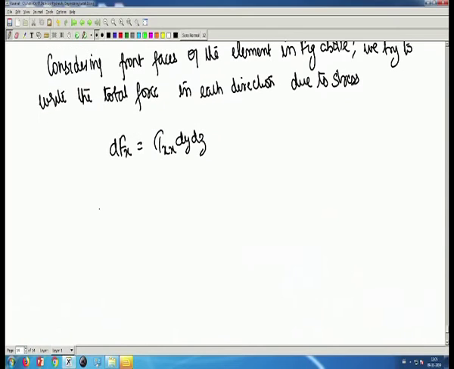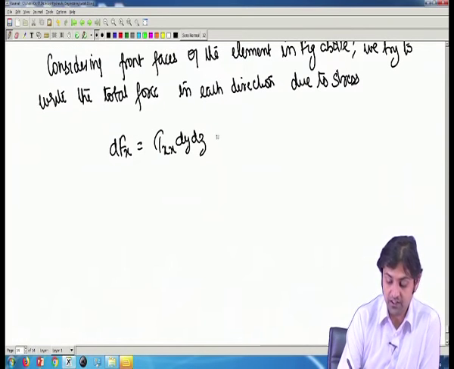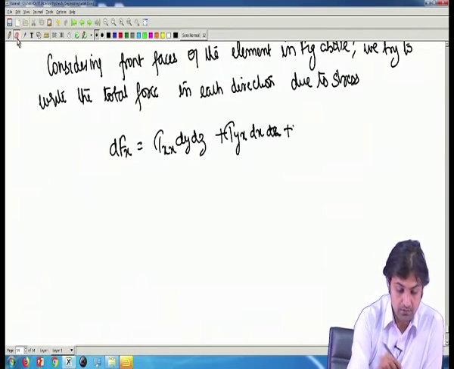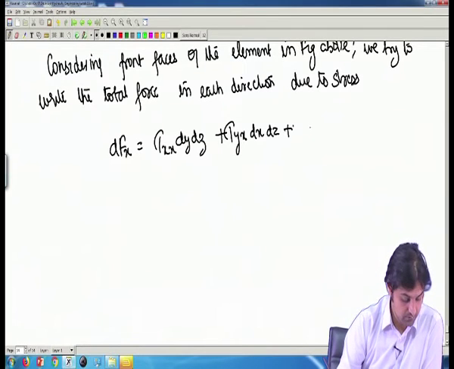All right. So dfx is tau xx dy dz plus tau yx dx dz plus tau zx dx dy.